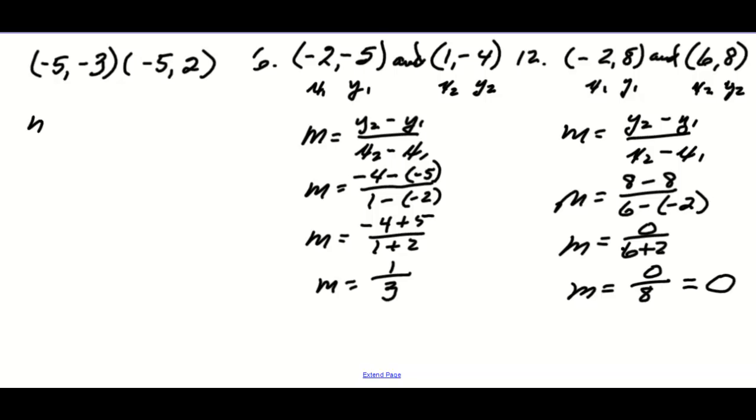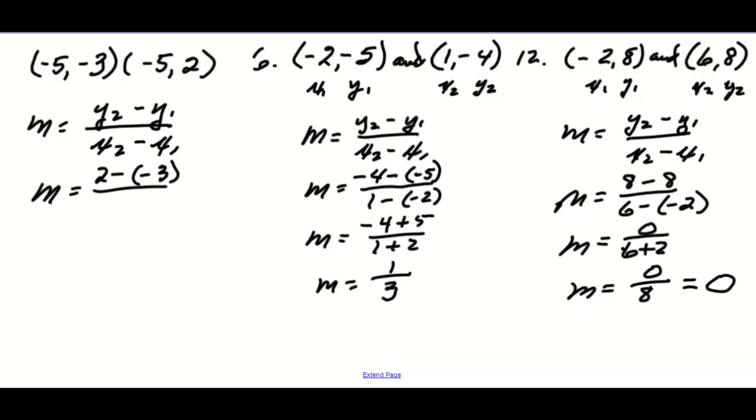So, m equals y2 minus y1 over x2 minus x1. m then equals, and our y2 happens to be this time 2, minus our y1, which is a negative 3, over x2 being minus 5, minus a negative 5.